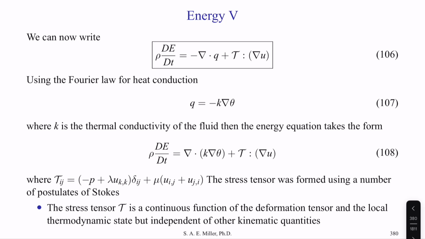Using this notation, we can now compactly write our energy equation in the form in 106. The material derivative of E times rho, the density, is minus nabla dot Q, which is heat transfer, plus the dyadic between tau, the stress tensor, with nabla U. The Fourier law for heat conduction will generally be used, where theta is T in this case for temperature, and we'll insert that up here based on Joseph Fourier's heat conduction law, which is used almost universally in the field.